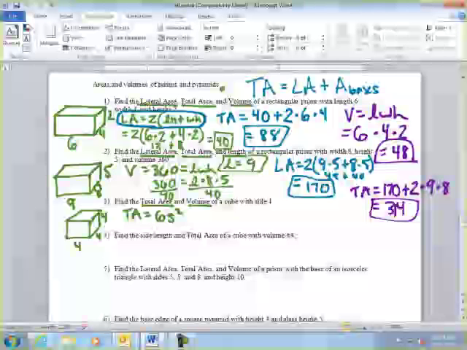So by multiplying length times width, which happens to be the same, so we could just say squared, that finds the area of one of those sides. Well, how many sides does a cube have? So 6 times side squared is the formula for total area, because side squared will give us the area of one of those sides, and in a cube there are 6. There's a front and a back, a left and a right, a top and a bottom, and they're all the same. So 6s squared is the formula for total area.